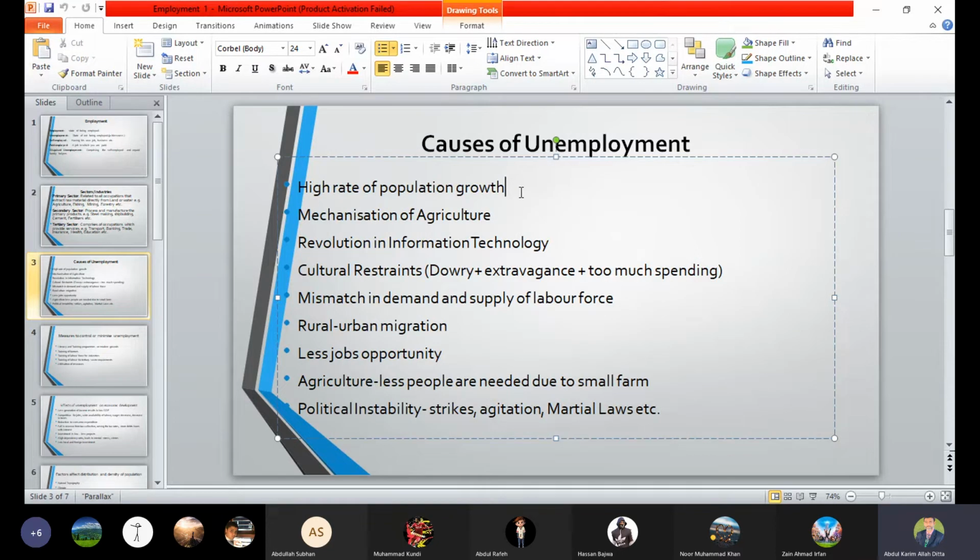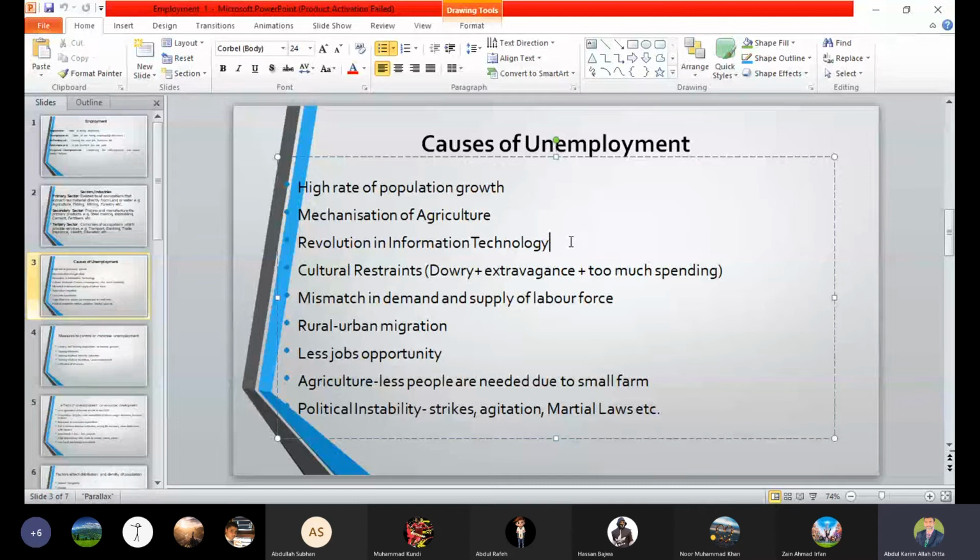Yes, definitely it will increase. Number two, mechanization of agriculture. We have started using machinery in farming areas, so people have lost their jobs. Number three, revolution in information technology. In the IT department we have made a lot of development, so we need fewer people, because most of the work is done by computers.